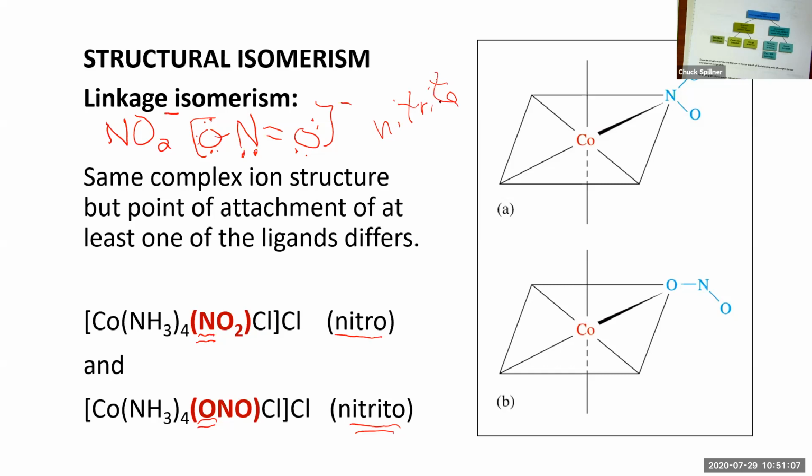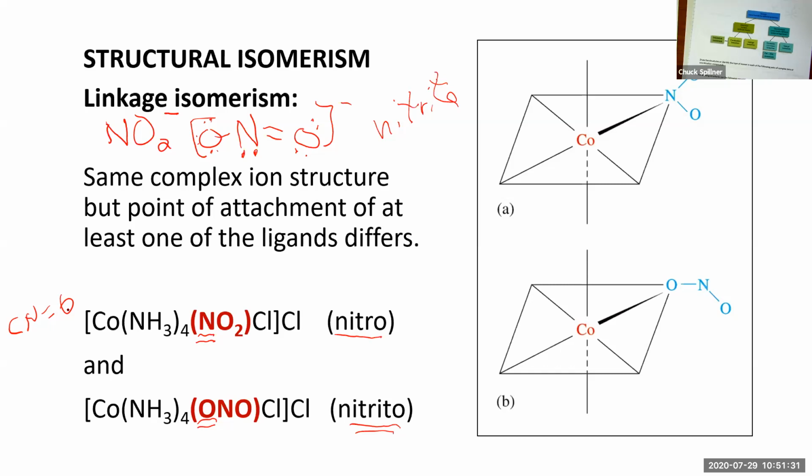The ion is called nitrite. And we have a chloride, a nitrite, and 4 amines. So the coordination number is 6. And if you look at our structures over on the right, they're octahedral structures. We didn't show the other ligands, we just showed the nitrite.